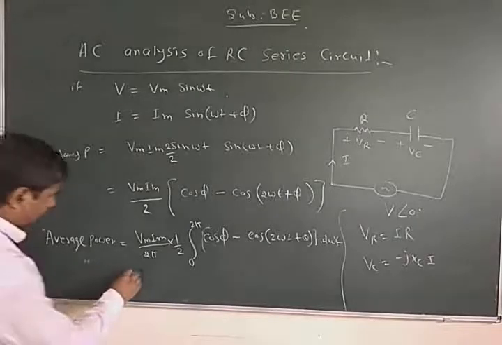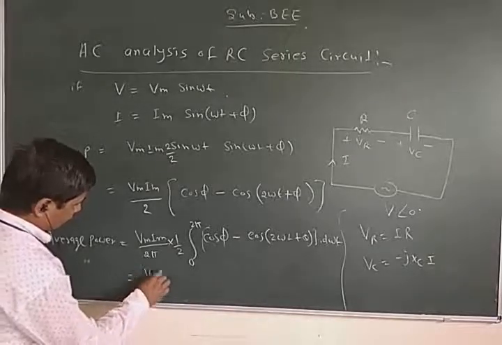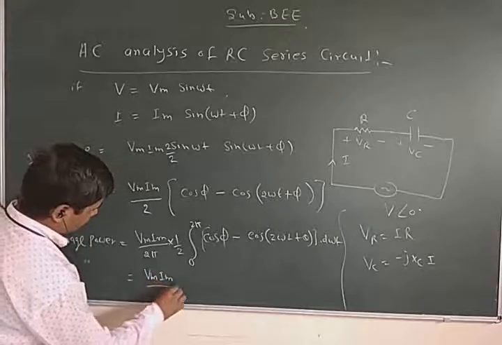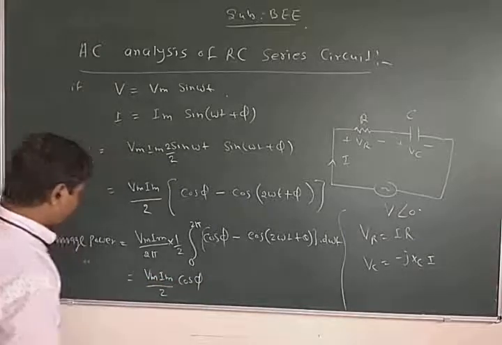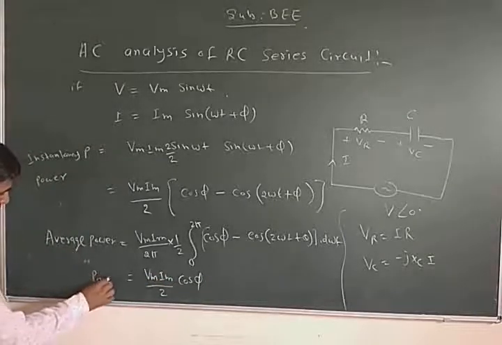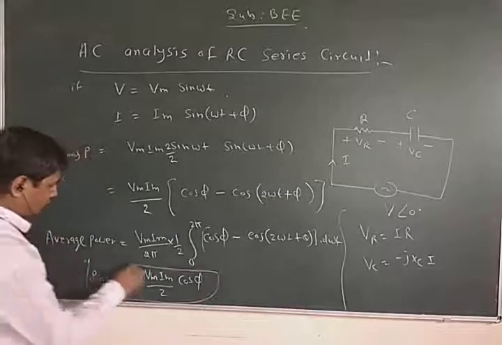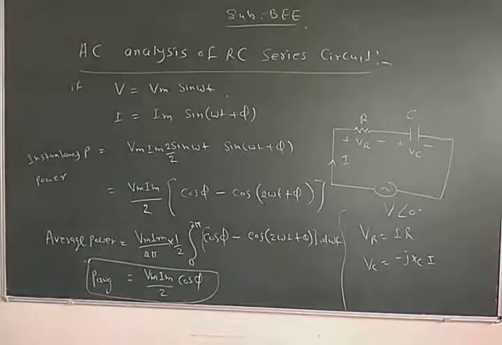And after that we find Vm Im by 2 cos phi. P average is equal to Vm Im by 2 cos phi. This is the average power in RC circuit.